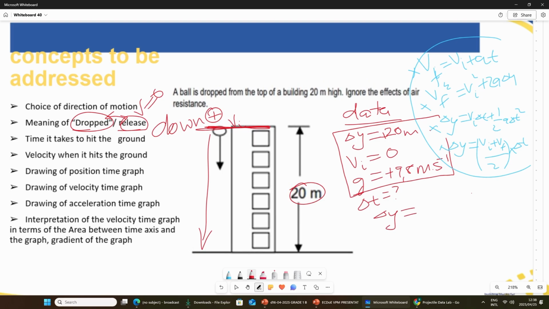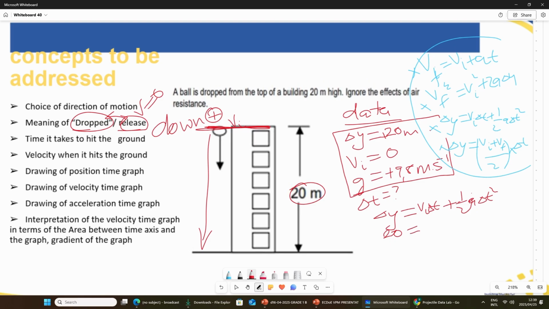We have delta y given as v initial delta t plus half g, or a, t squared. Our delta y is given as 20 meters.